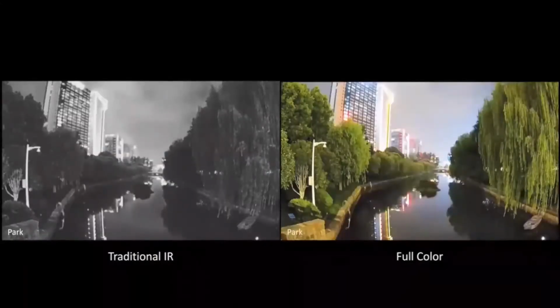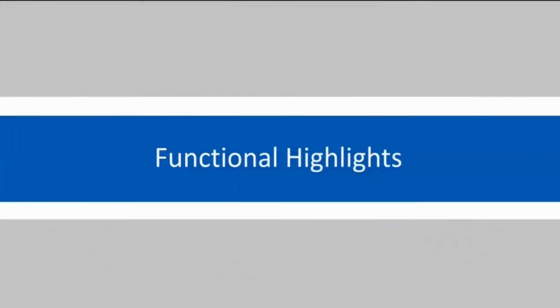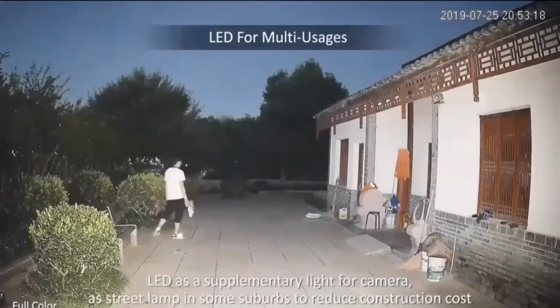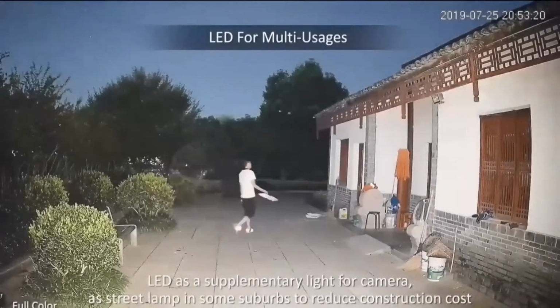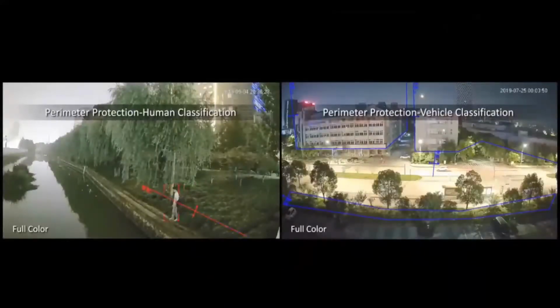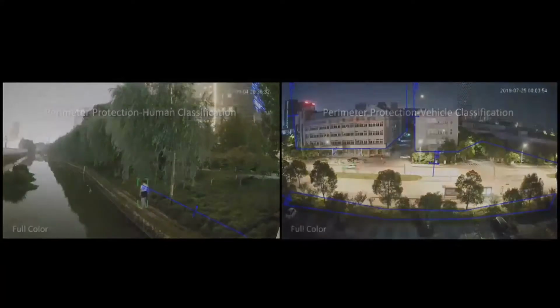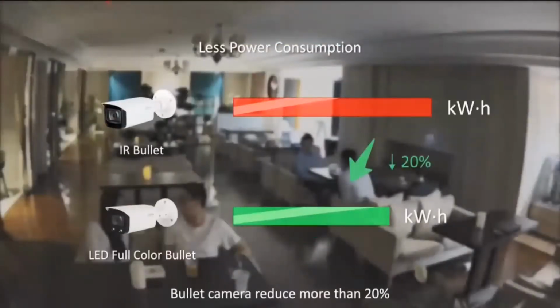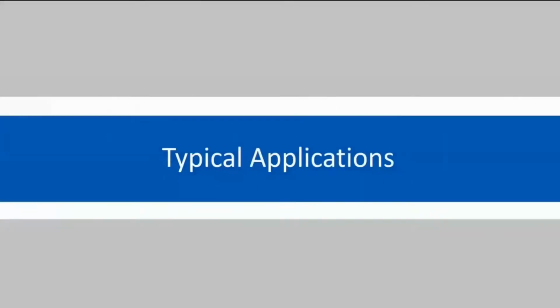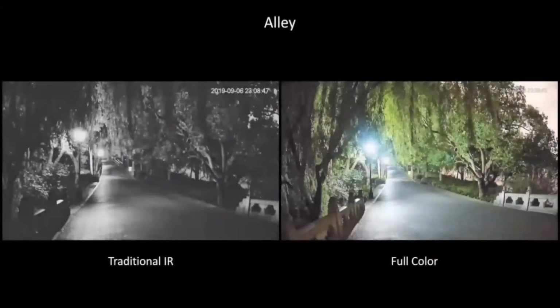Those are your standard two images from IR to color. Now, this particular camera has an LED setup, and some of our cameras also have a perimeter protection setup. That was just a quick overview on the two different types.